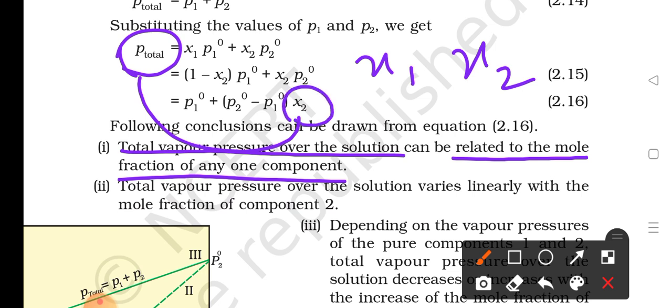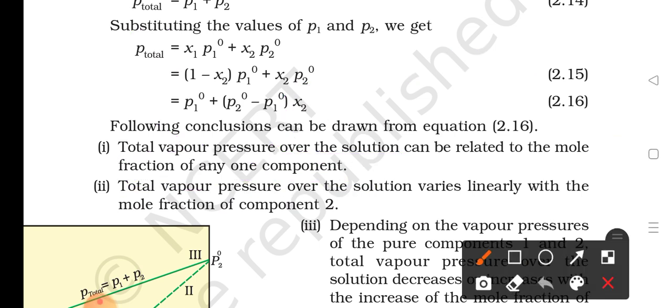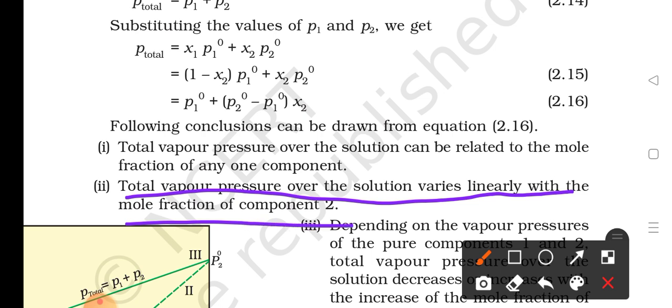So in this line they told that total vapor pressure of either solution can be related to the mole fraction of any one component. After that, in 2 we see that total vapor pressure of either solution varies linearly with the mole fraction of component 2.